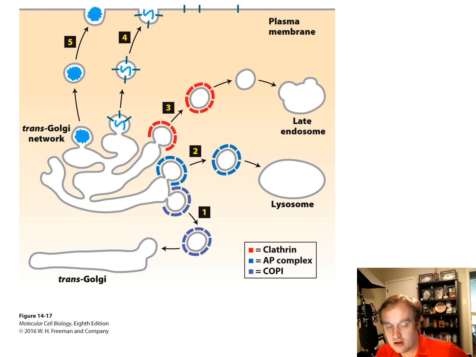There are the COP1 vesicles, which are for retrograde transport, to go back to the trans Golgi or further down towards the ER.